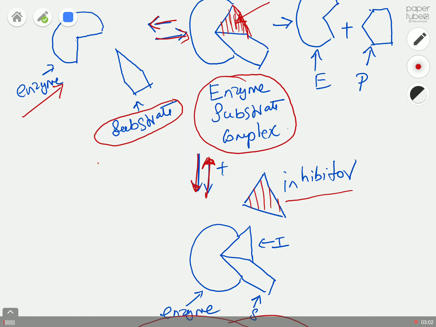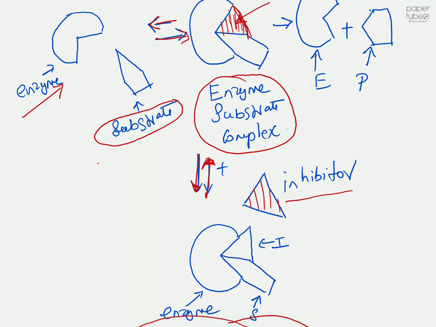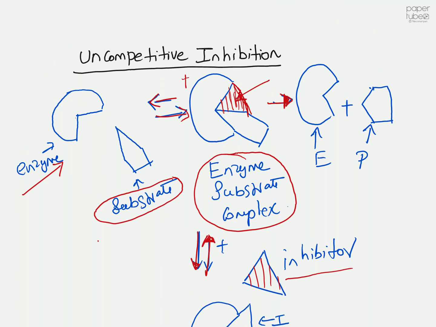And then, like Michaelis-Menten kinetics, you must have the enzyme substrate complex in order to convert your enzymes into products. So just look at this part of the diagram.